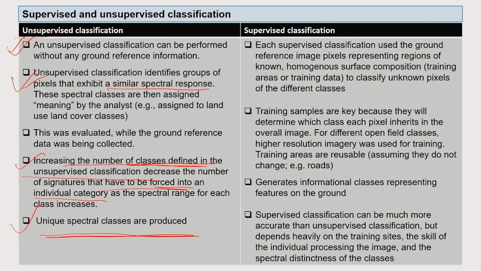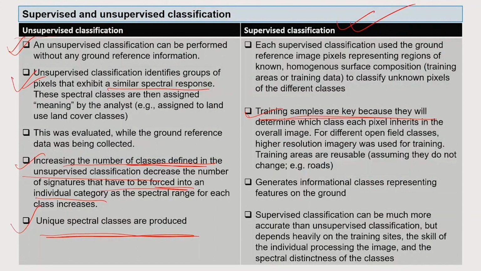Now, let us see the supervised classification. Supervised classification uses ground reference image pixels representing regions of known or homogeneous surface composition. Means we know that suppose thousands of mango trees are there, so that is the image you are processing.